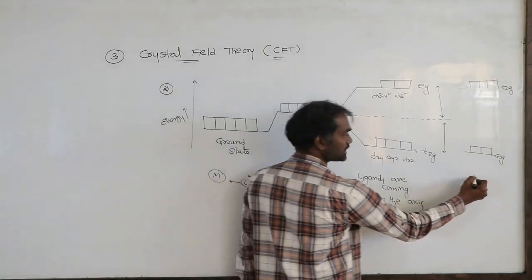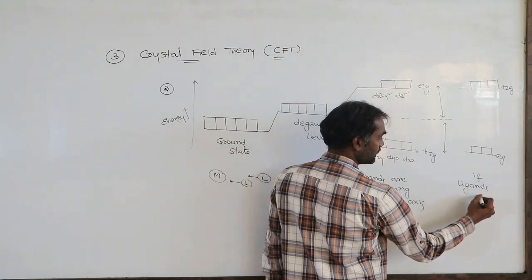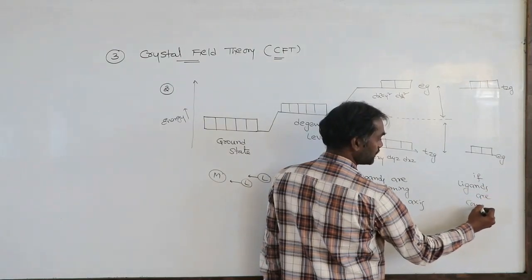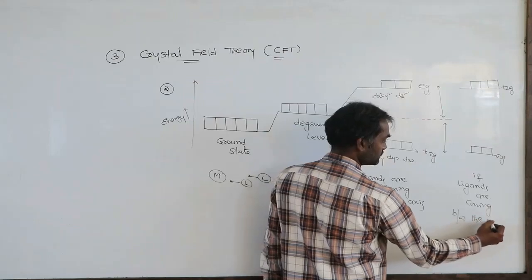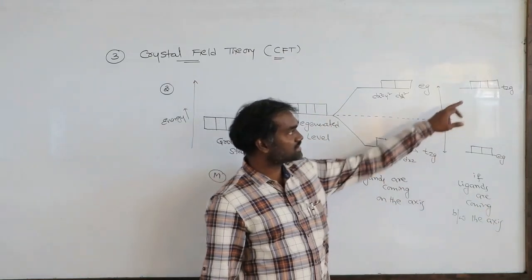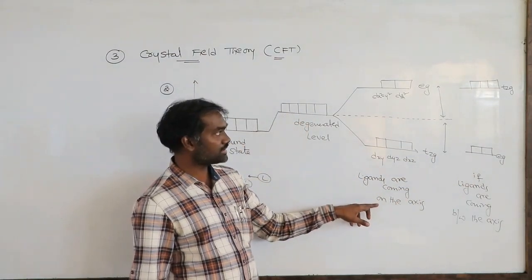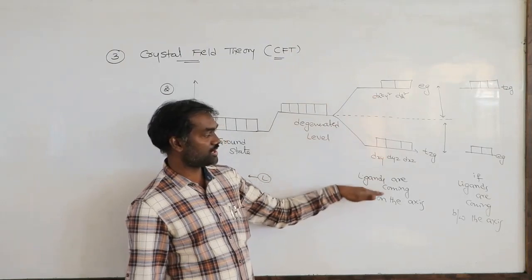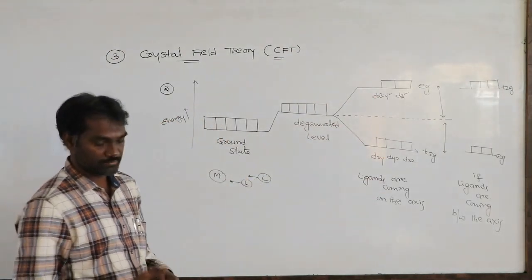If ligands are coming between the axes, T2G is above and EG is below. If ligands are coming on the axis, EG is above and T2G is below. That point is very, very important.